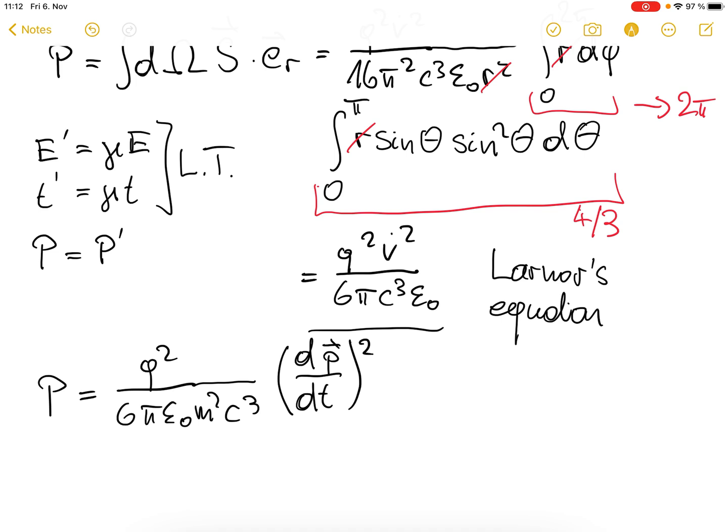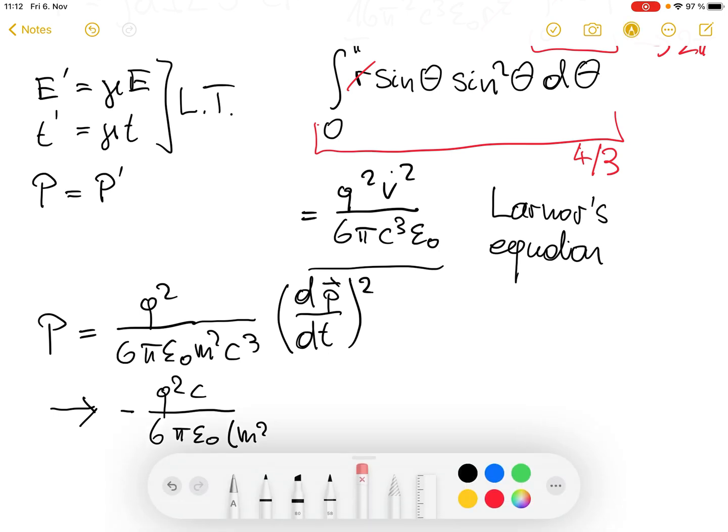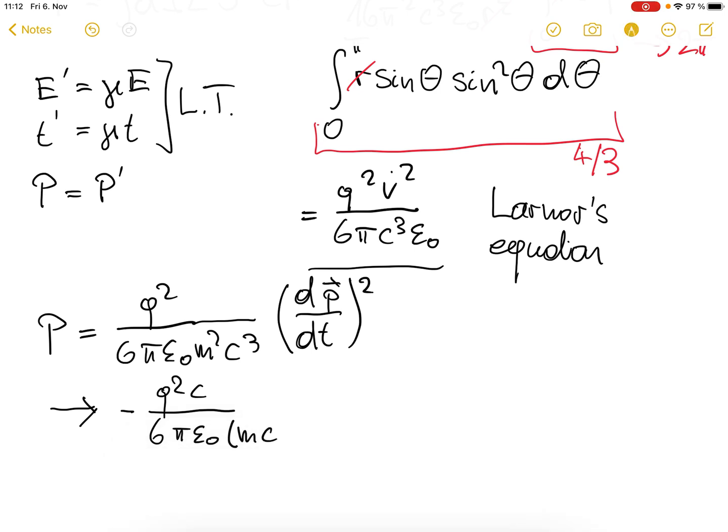And I write this, in its Lorentz invariant form, with an arrow here, a minus sign that you'll understand in a second: q squared c divided by 6 pi epsilon 0 m c squared squared.